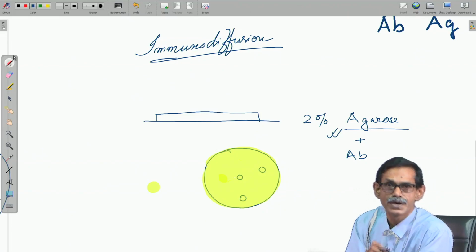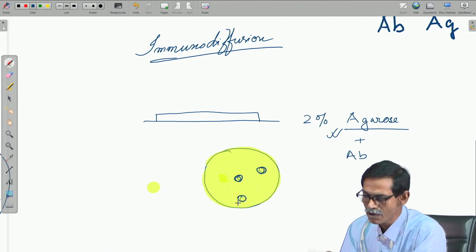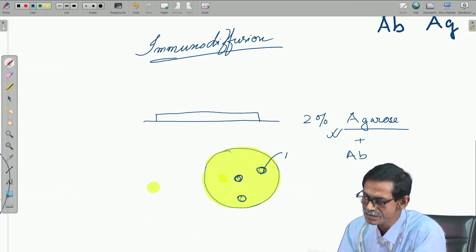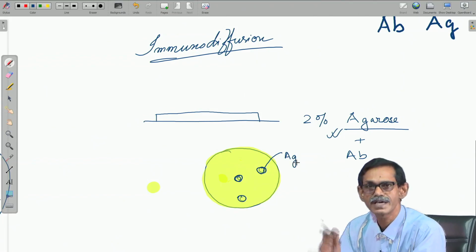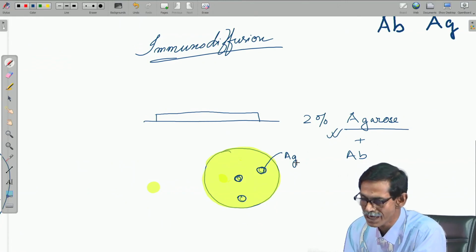But in this hole or well, now you add the antigen solution, the pure antigen you have.